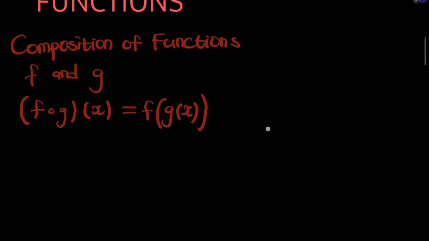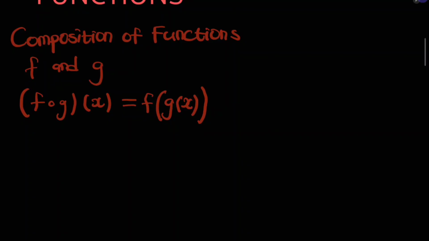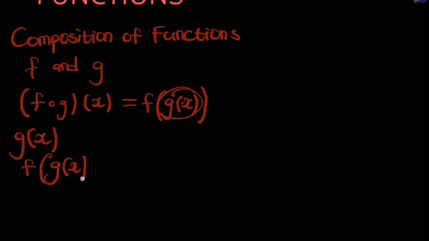When I write it like this, it simply means first you apply g to x, and then you apply f to the result. So we first do g of x and then we continue with f of g of x.